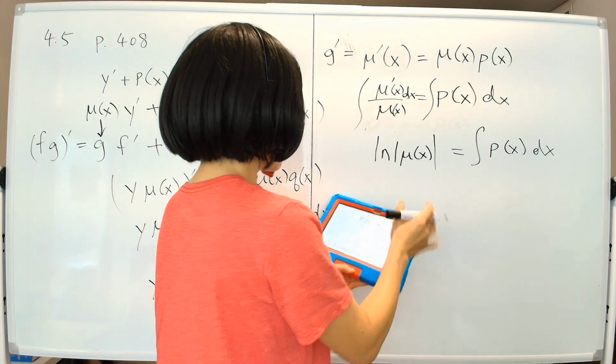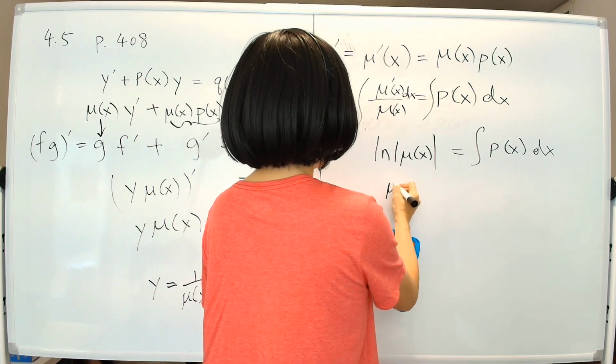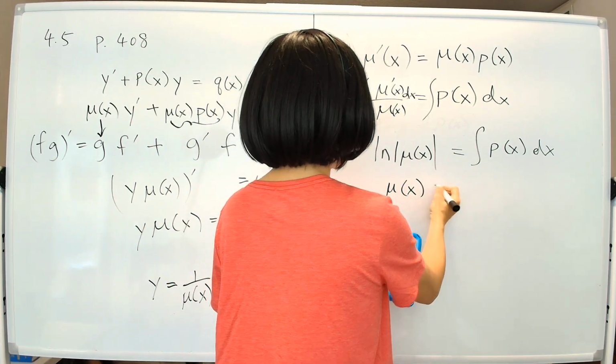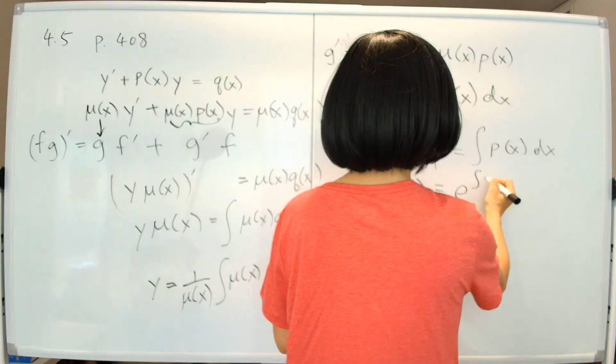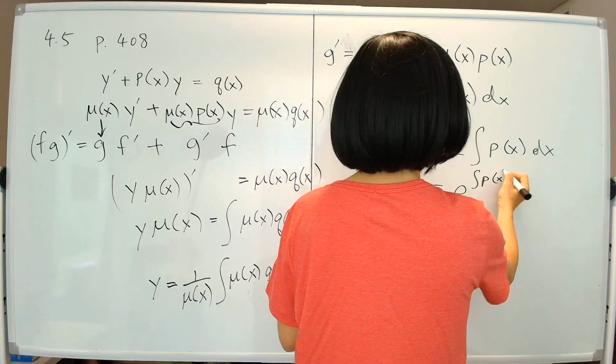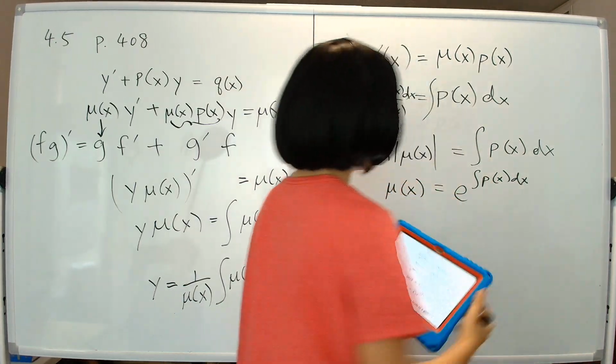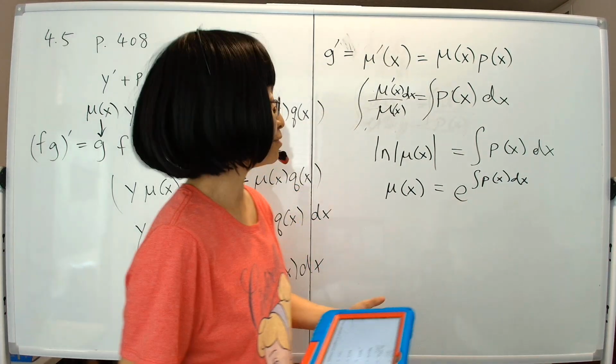Therefore mu of x, when you do the exponents, is e to the integral of p of x dx, where the integral is on top of the exponent, which is okay.